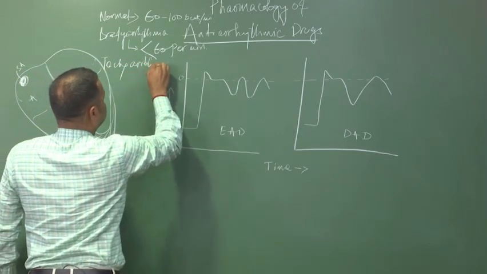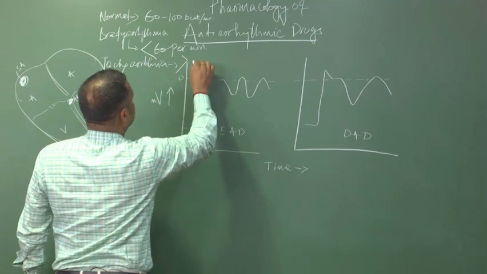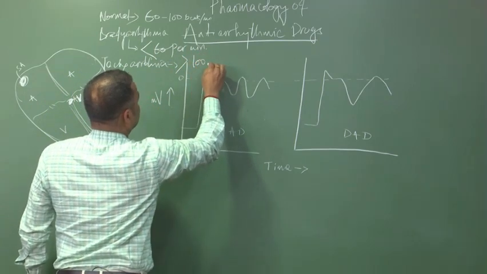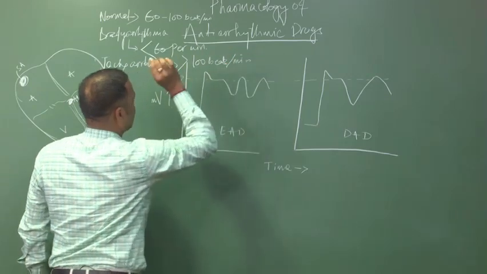Tachyarrhythmia represents more than 100 beats per minute.